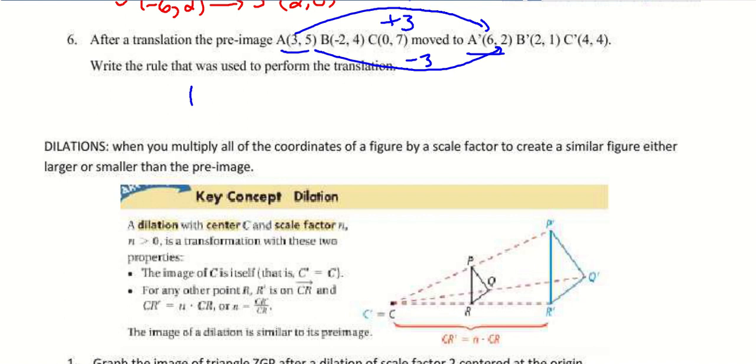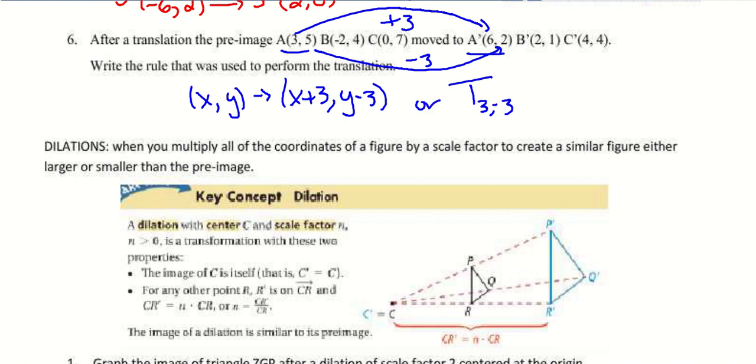So the rule was either going to be x, comma, y, arrow over, and then that's going to be x plus 3, comma, y minus 3, or we're going to write the capital T 3, comma, negative 3. Your choice. Put in both.